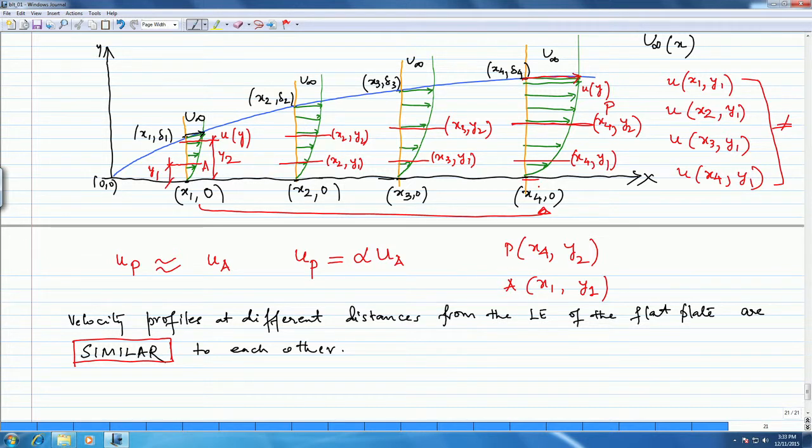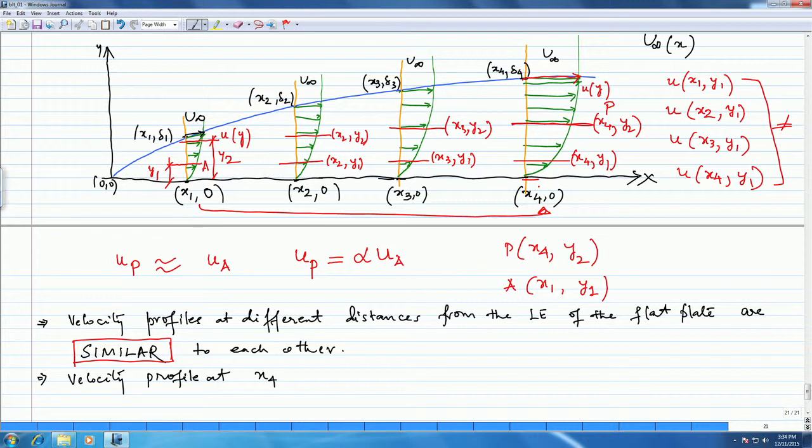When I look at the boundary layer, the inference which we got just now from this flat plate is the velocity profile at x4. Vice versa actually, you could map the velocity profile at x4 onto x1.